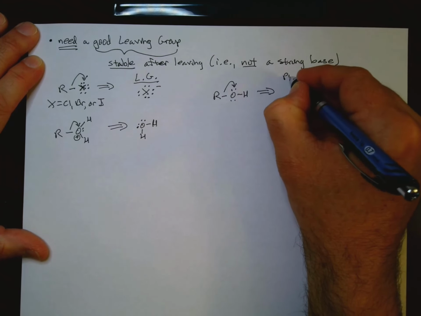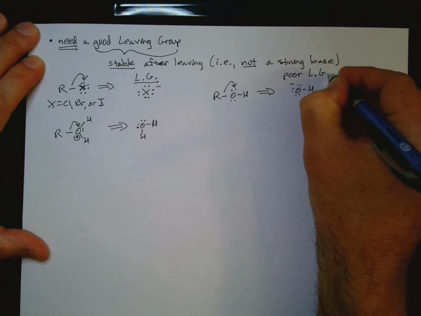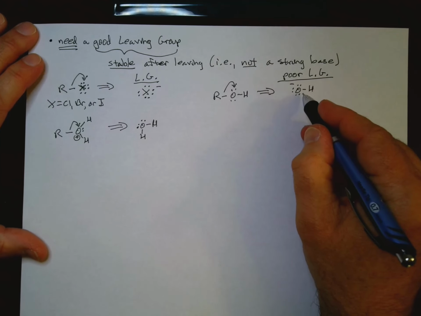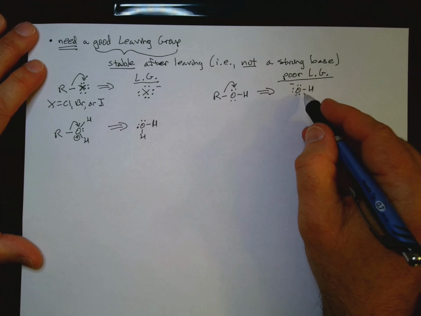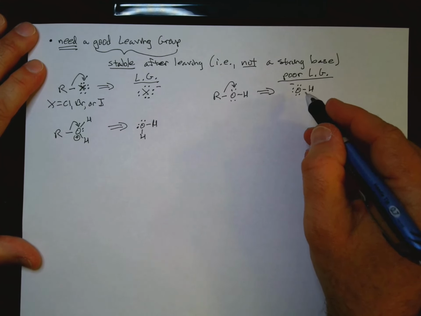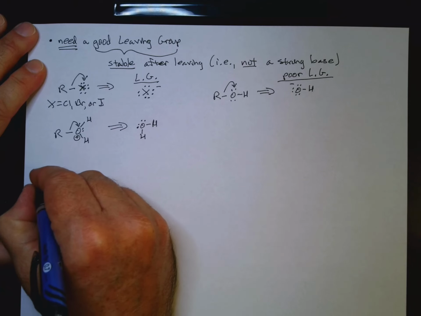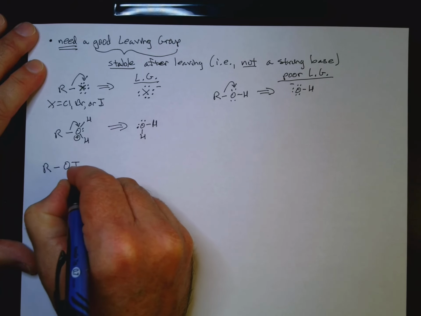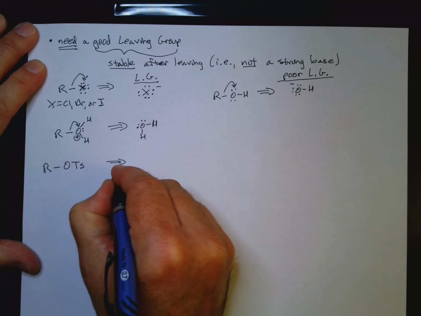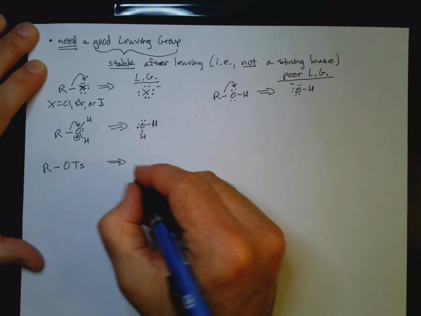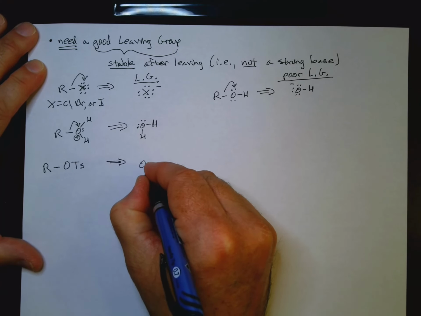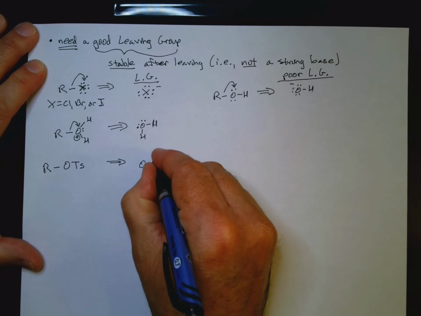But this is a poor leaving group because hydroxide is a strong base. There's another really good leaving group, which is tosylate. And what tosylate looks like is the following.